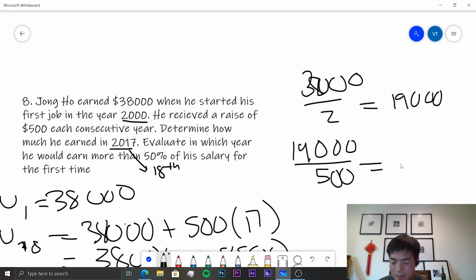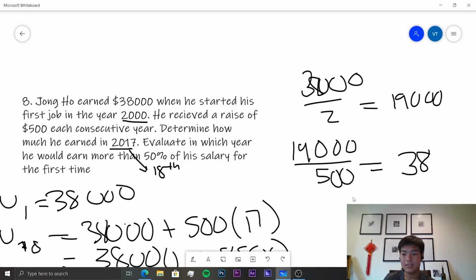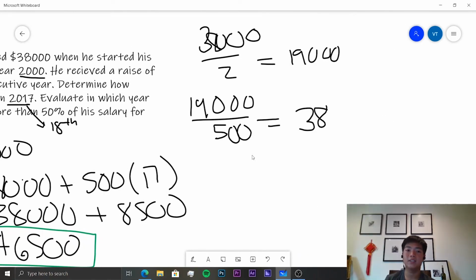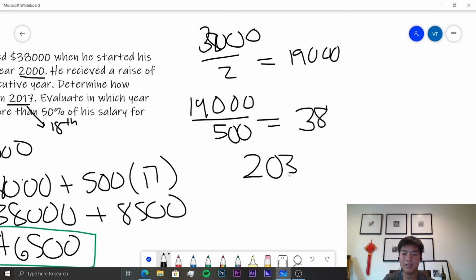That will be 38, if I'm not mistaken. 190 divided by 5, yeah, so it should be 38. So the first year where he earns 150% of his salary is 2038, but we need the year where he earned more than half his salary. So that would be the year 2039, since we need to add a year so that his salary increases past the 50%.